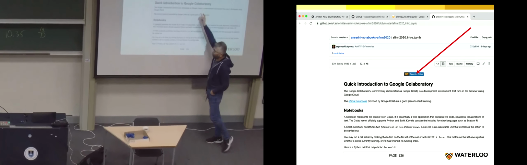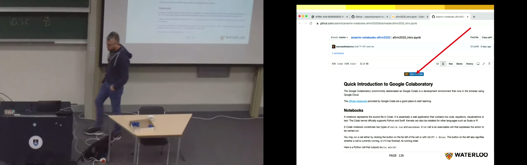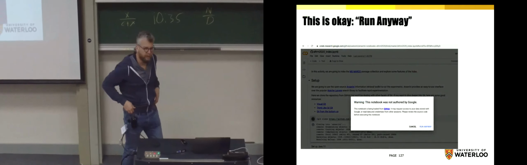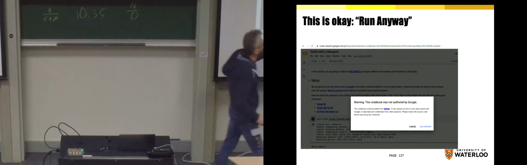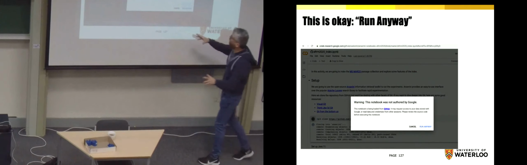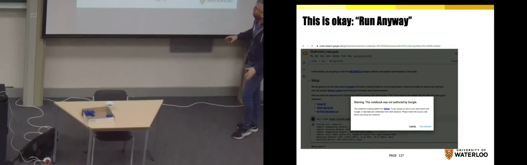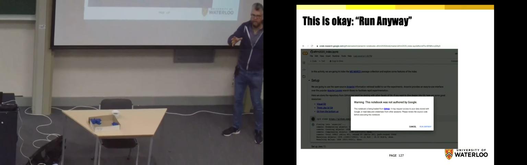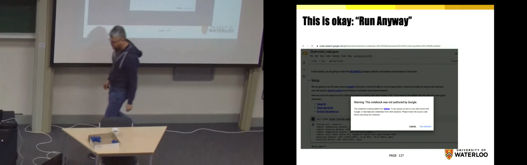But if you open it in Colab right there, you'll get this scary message saying, warning, this notebook was not authored by Google. You click run anyway, because it was authored by Zeynep, and she's very nice and isn't going to hurt anything.